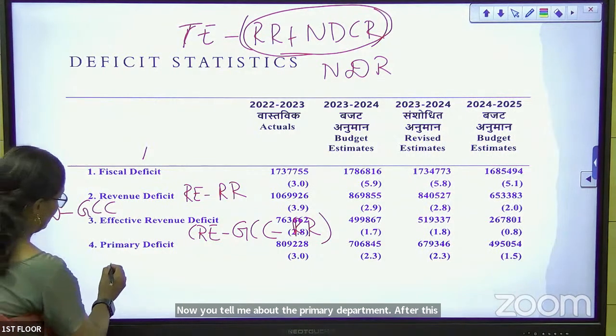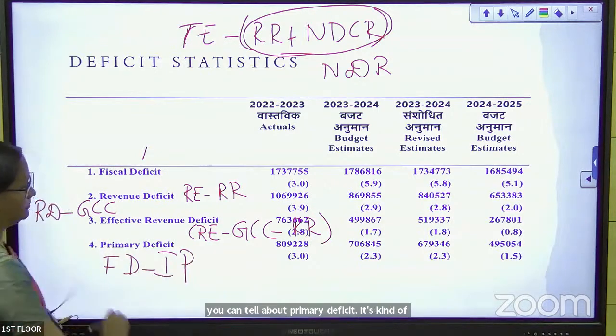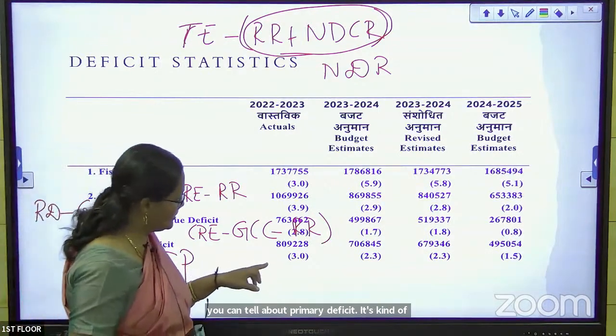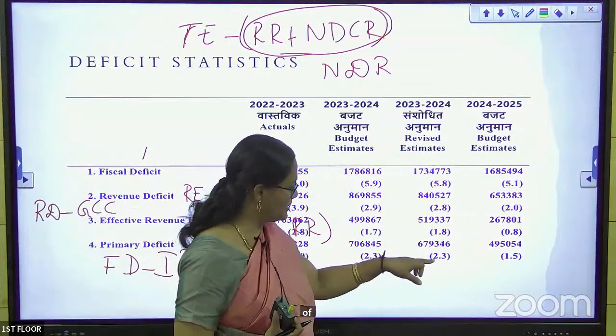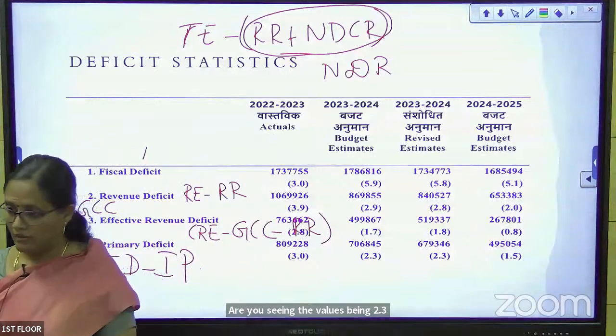Fiscal deficit minus interest payments. Are you seeing the values being 2.3%, 3%, 1.5% and so on? Right?